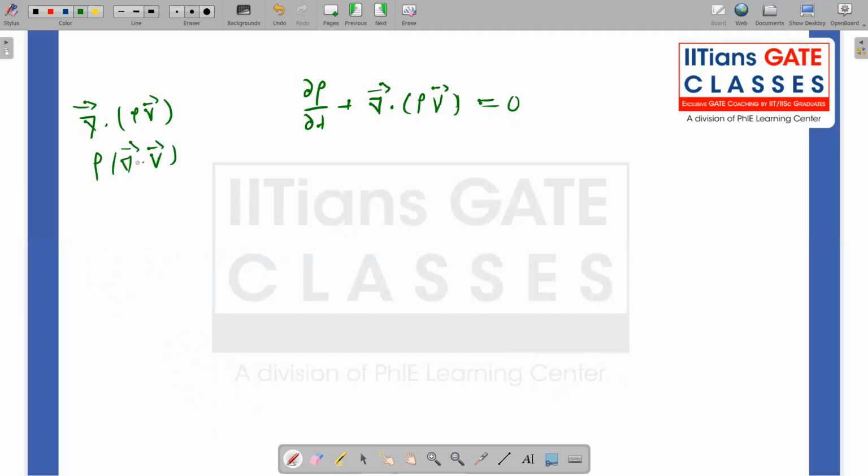It is not correct. Most of the time people make this mistake. This is okay when we have an incompressible assumption with density being constant, but it need not be true in all cases. We have to understand that this is a vector operator which is operating on a scalar field and a vector field.